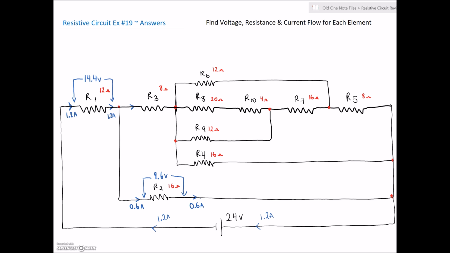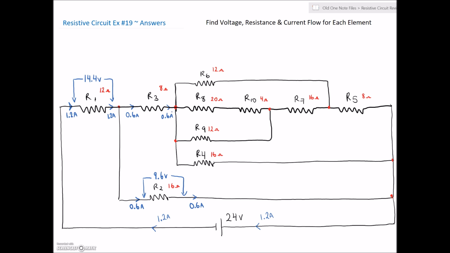If you go back a little bit on the video, you would have found that the equivalent resistance of all of this was basically 16, right? It had the same resistance. So same current is going to flow in each of these portions of the circuit. So we got 0.6 amps flowing here, and coming out of that resistor again, the same current.